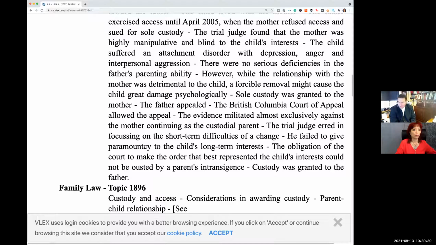But recently, I won my third Ontario Court of Appeal decision in a row where I was defending a reversal of custody at trial level. And I cited both this 2007 BC decision and the 2020 decision of the Court of Appeal for England and Wales, just to make the point that that's what we need to do.